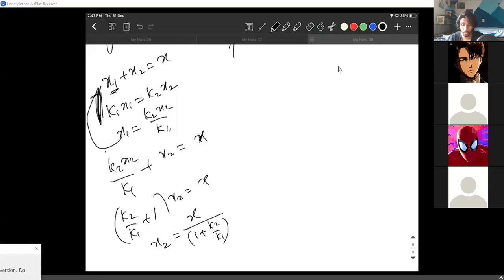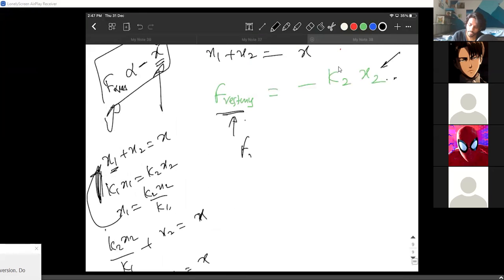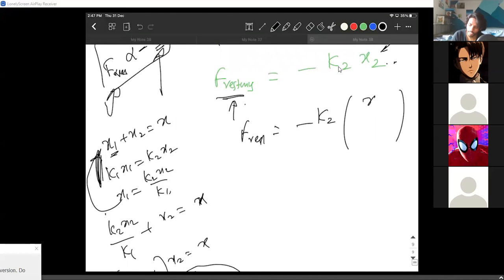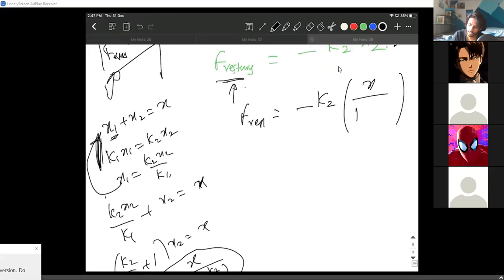Now what am I going to do with this? Put it in the above equation. F restoring equals minus k2 into, in the place of x2, the whole thing, x by 1 plus k2 by k1.